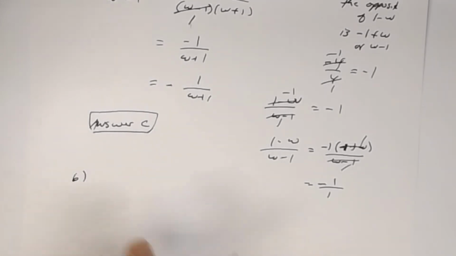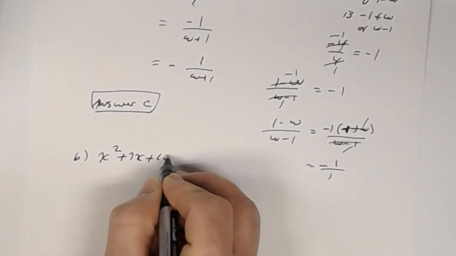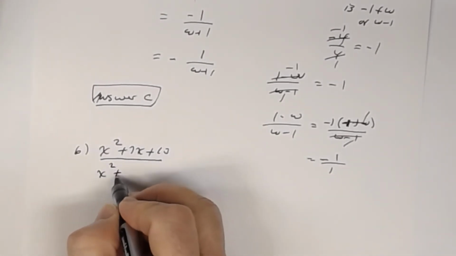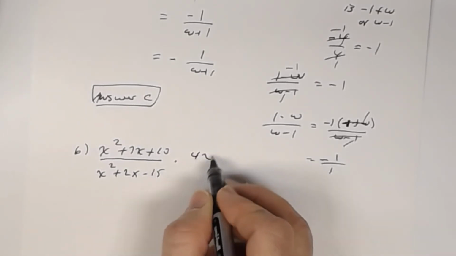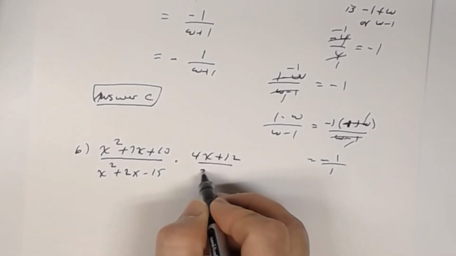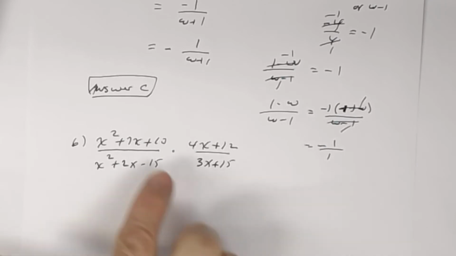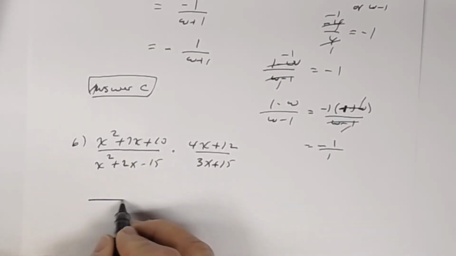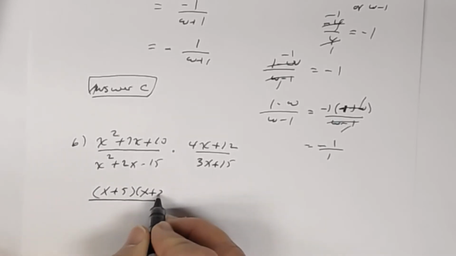So number 6, we have x squared plus 7x plus 10 divided by x squared plus 2x minus 15 times 4x plus 12 divided by 3x plus 15. Okay, so the first thing you had to show me was that you factored first. The first numerator, I can factor as x plus 5 times x plus 2.